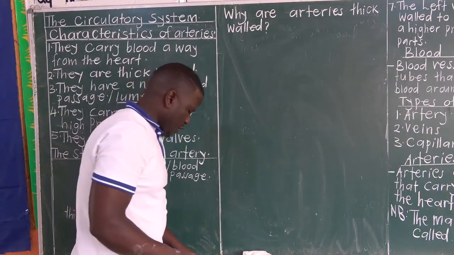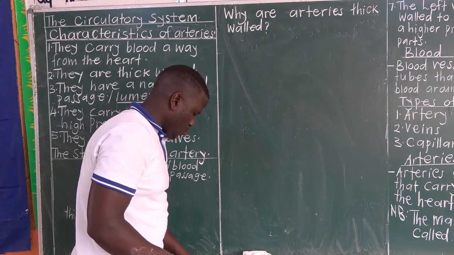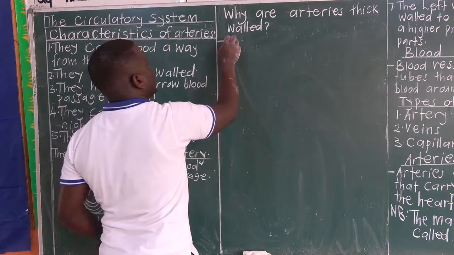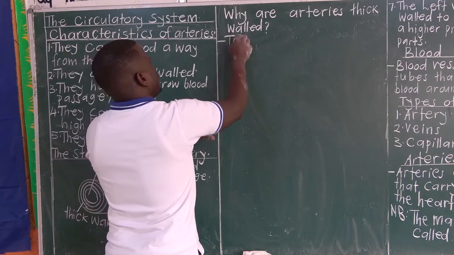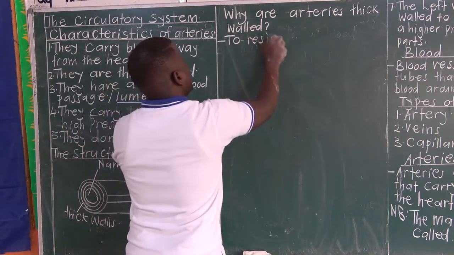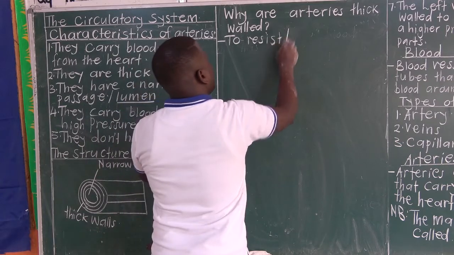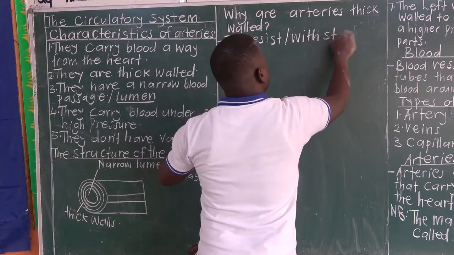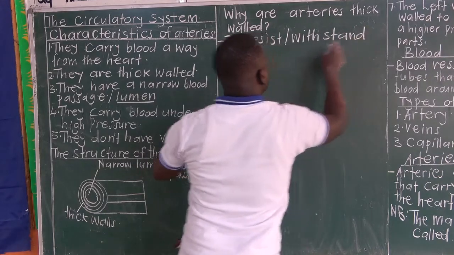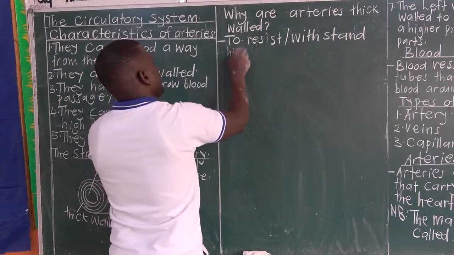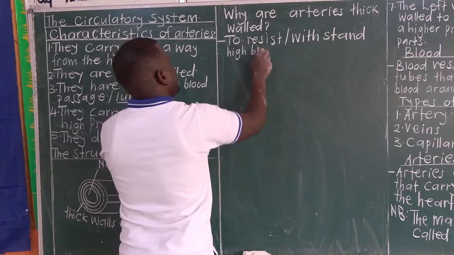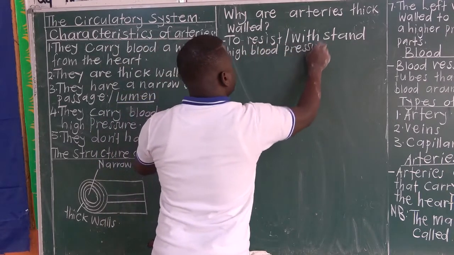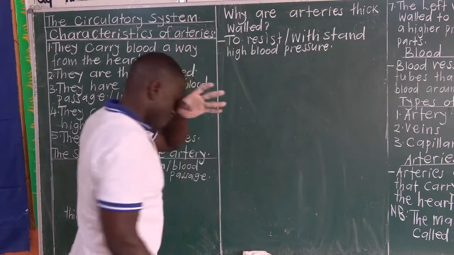One, the reason why they are thick-walled is to withstand high blood pressure or to resist high blood pressure. That's why they are thick-walled.